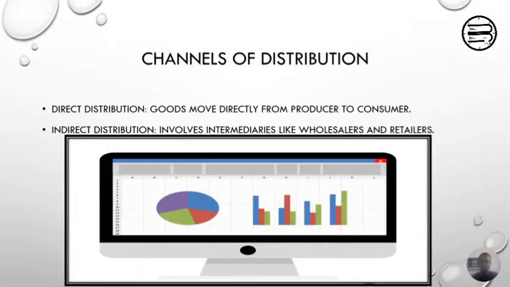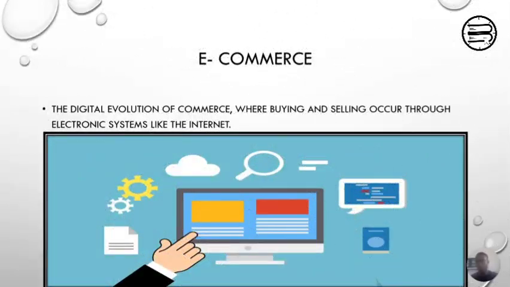Okay, so let's look at the other slide. We have what we call e-commerce. This is one of the most important ways that has been used to represent the 21st century, whereby the modernization of the entire commerce is now being done online on the internet. The digital evolution of commerce, where buying and selling occurs through electronic systems like the internet.